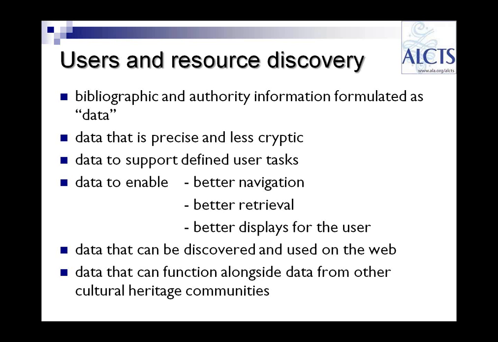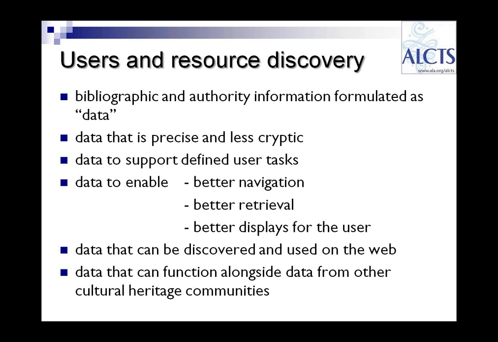And that is that RDA starts us thinking about our bibliographic and authority information being formulated as data. Data that can be used by humans and by machines. Data that is precise and less cryptic. One of the examples of less cryptic is, of course, dropping Latin abbreviations, but it's also data that's precise and can be used in automated processing as well.